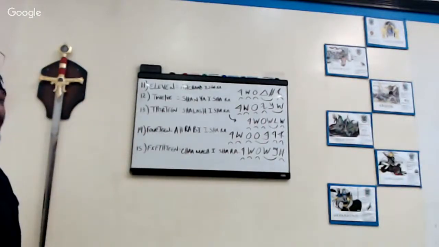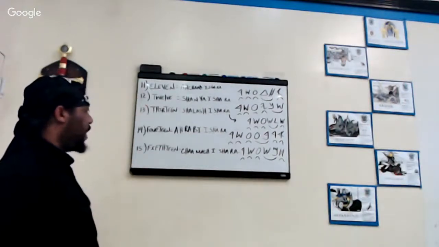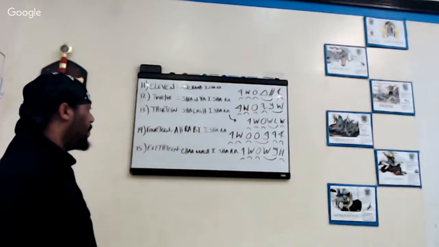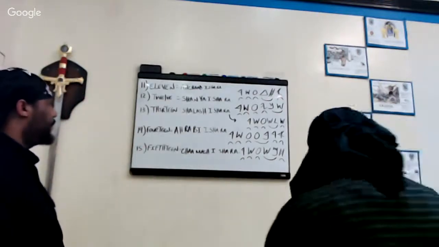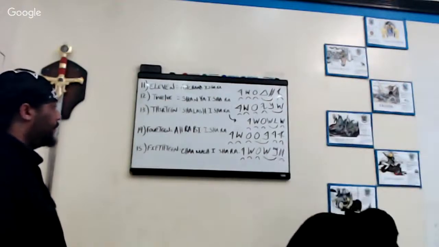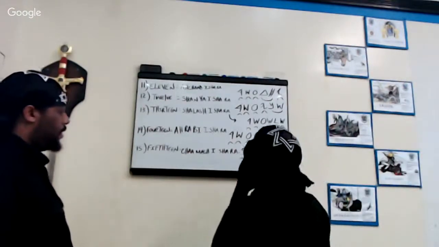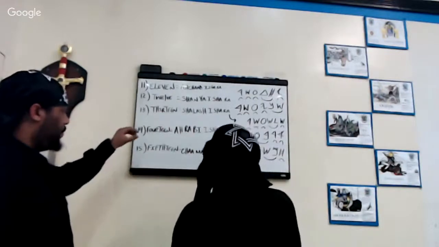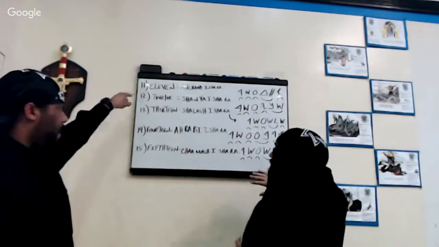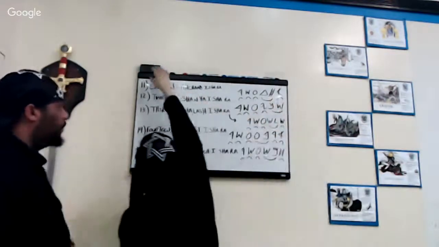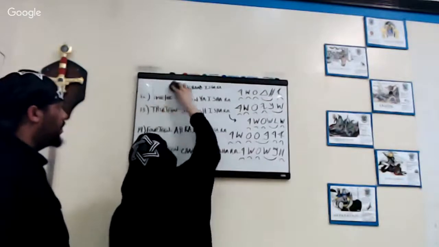So for the brothers and sisters online, I'm going to give you a minute or two to write this down or screenshot it from your phone, for sure, please. What you can do is erase from 11 to 13. Make sure you don't erase 14.